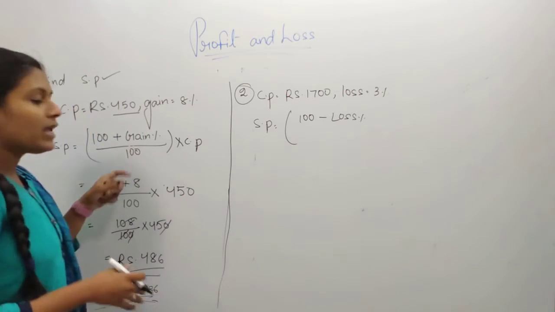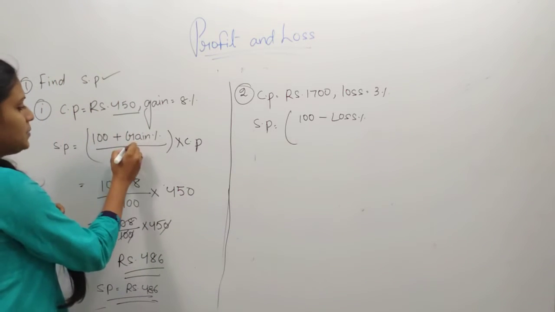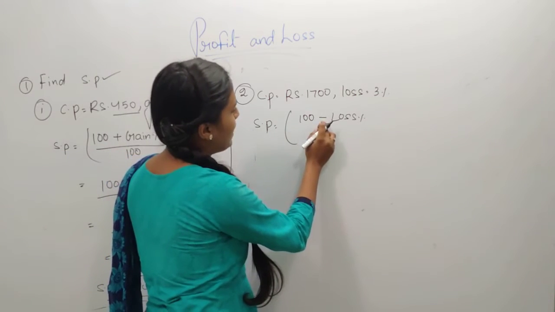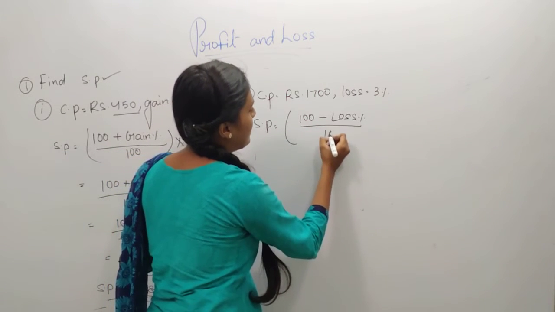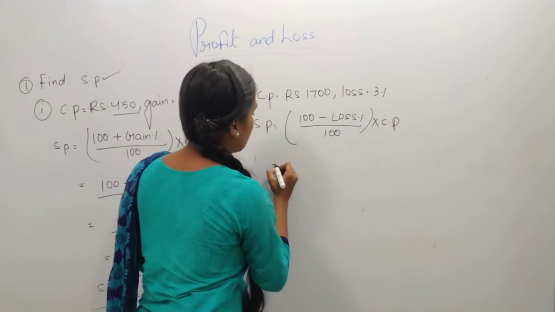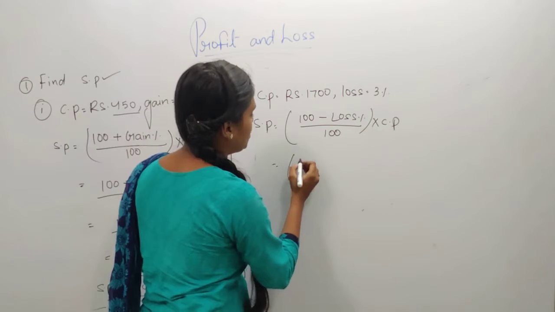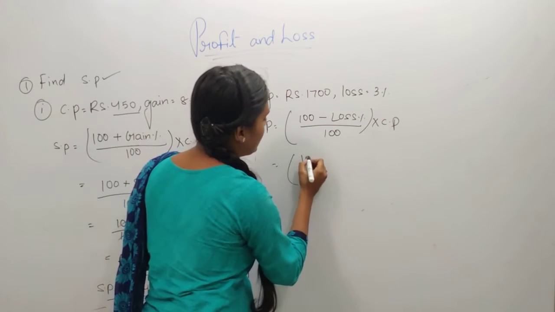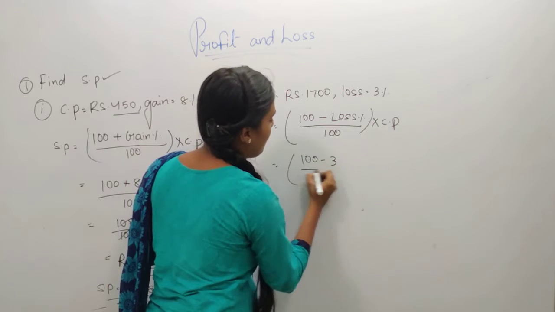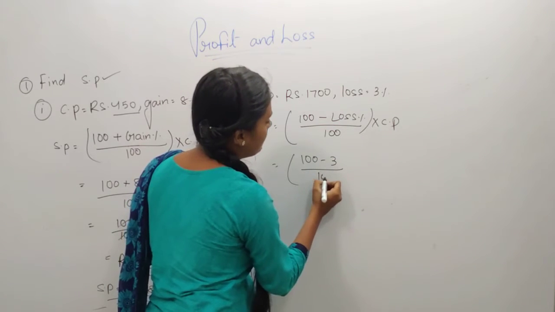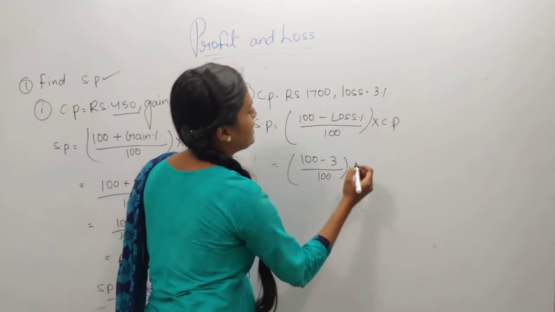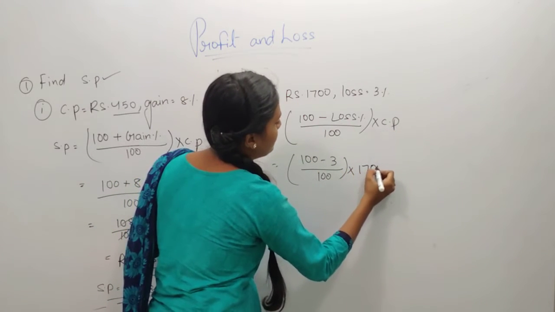Here gain means we gain some money, so we kept plus. When we lose some money, then we keep minus, by 100 into cost price. Now substitute all the given values: 100 minus loss percent, how much is given, 3 by 100 into cost price, how much is given, rupees 1700.